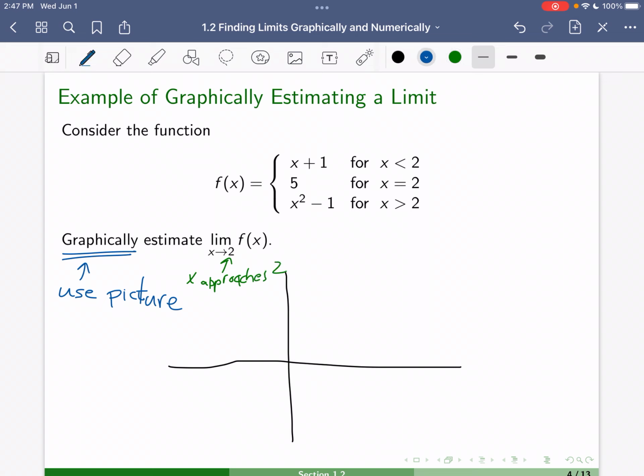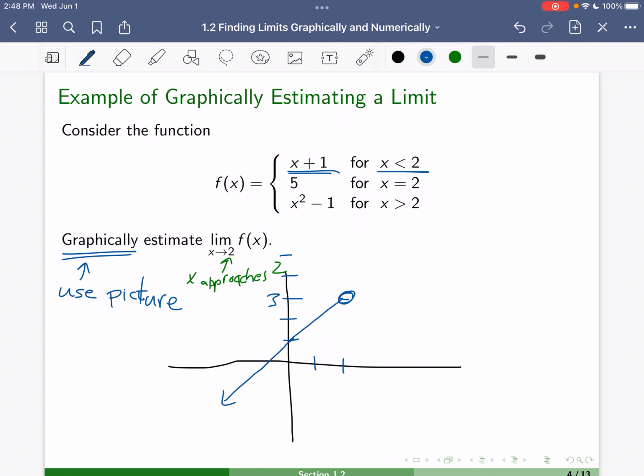And so let's draw this graph. Right? So here, this graph is x plus 1 as long as our x values are less than 2. So when our x values are less than 2, our graph looks like this.